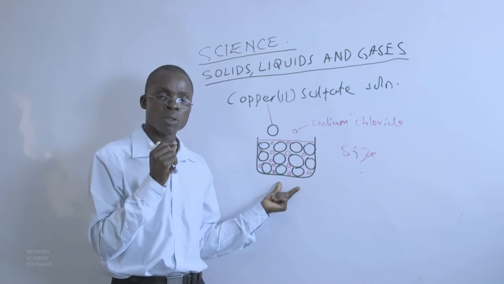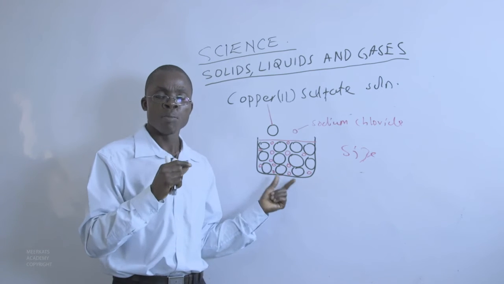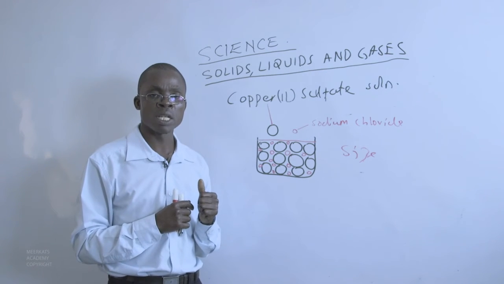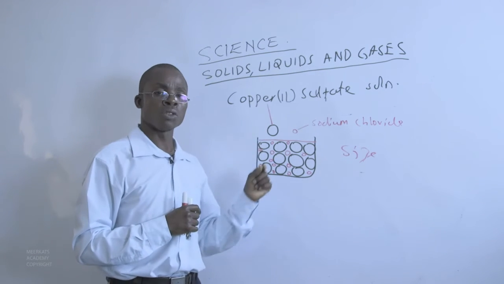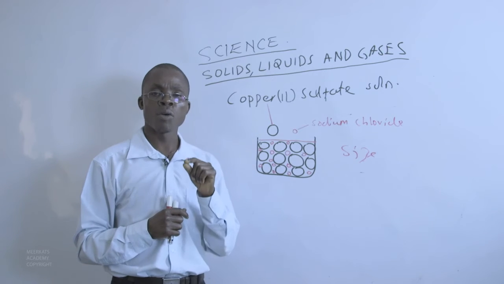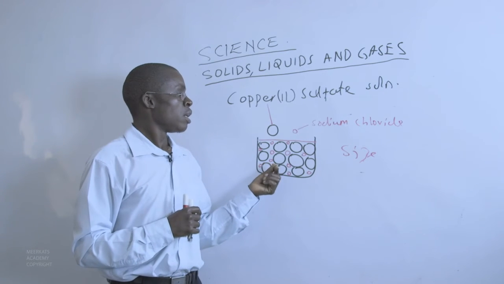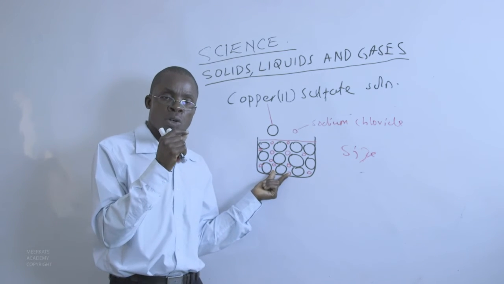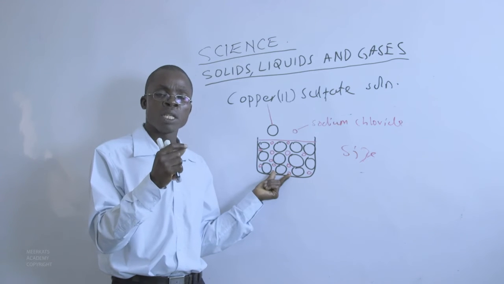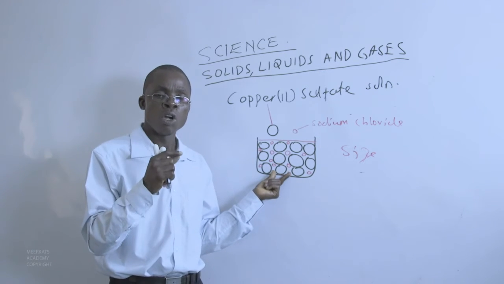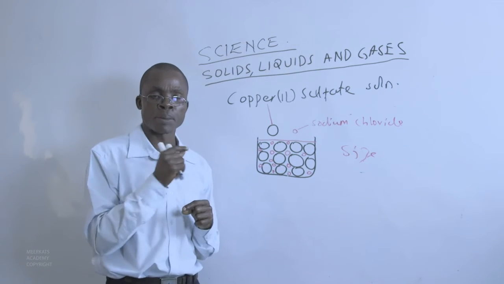But now we are modifying by advancing our definition by saying that a saturated solution is that solution formed from a solvent not accommodating any more solute of a particular substance.